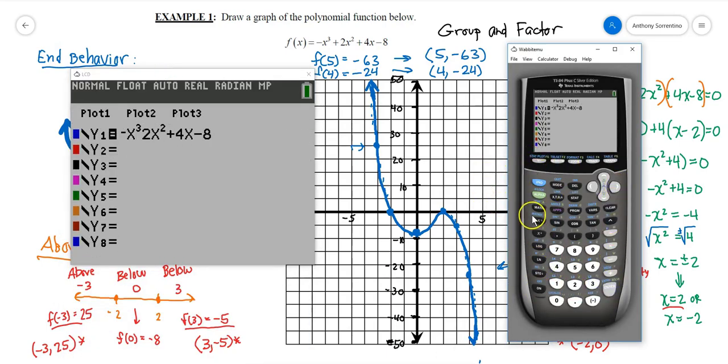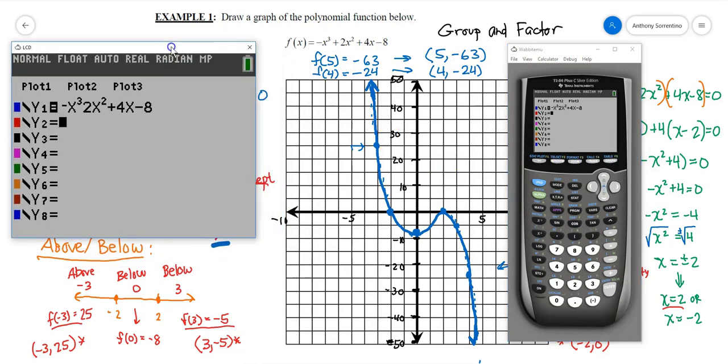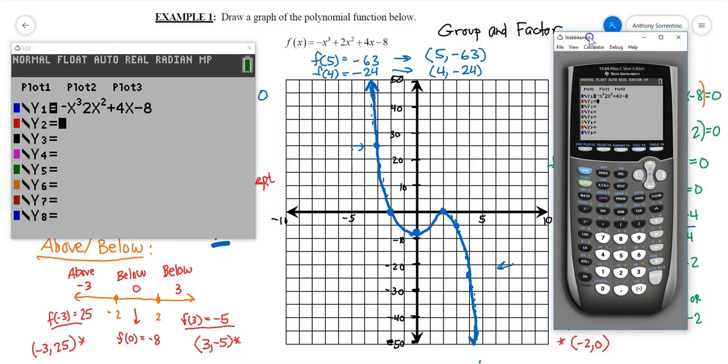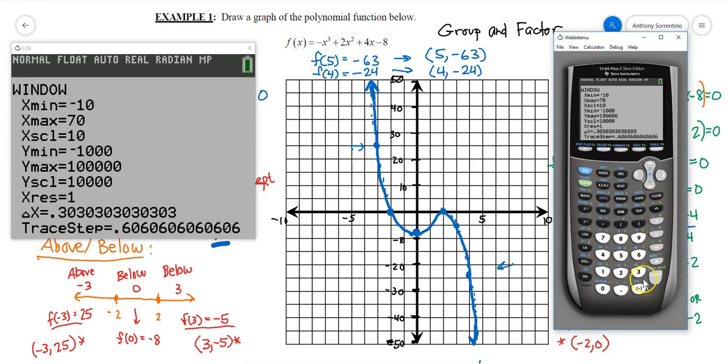And now, knowing that I set up a window for my graphing window that goes from negative 10 to 10 on the x's, negative 10, 10, and I went by ones.